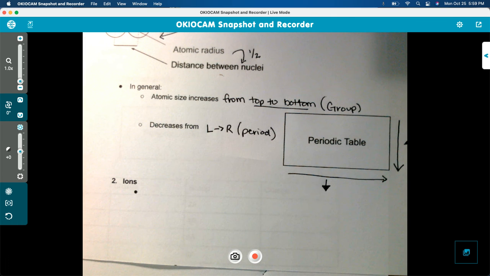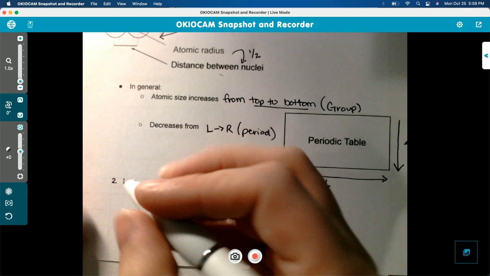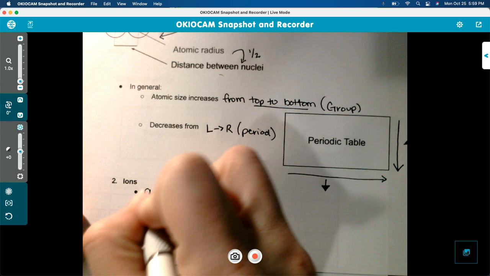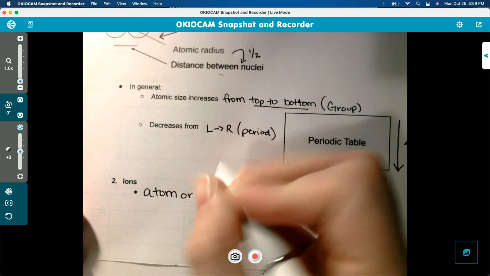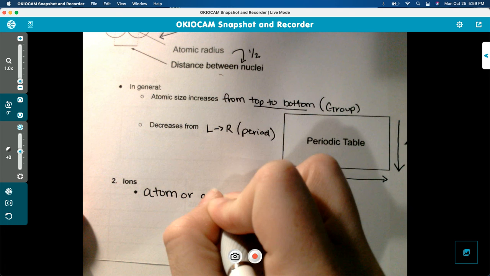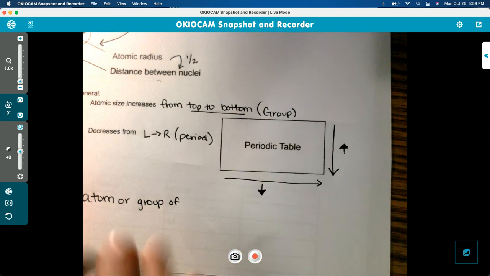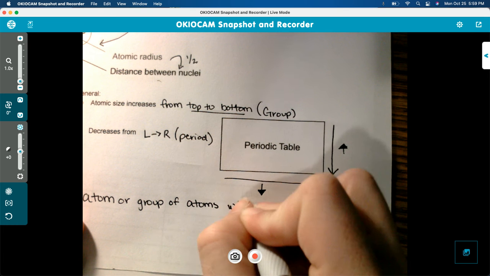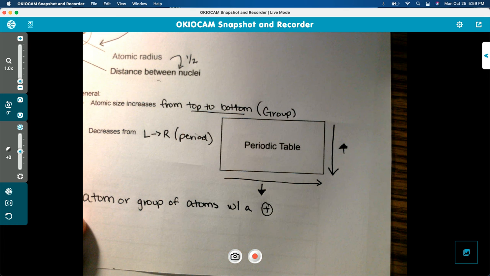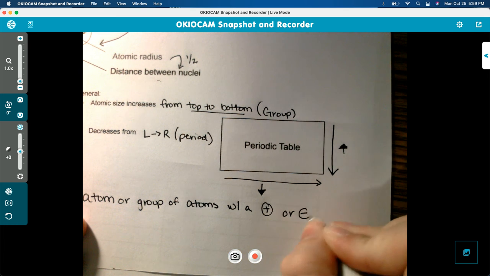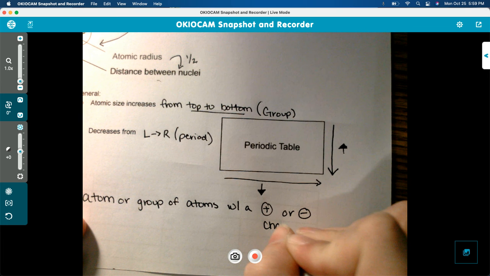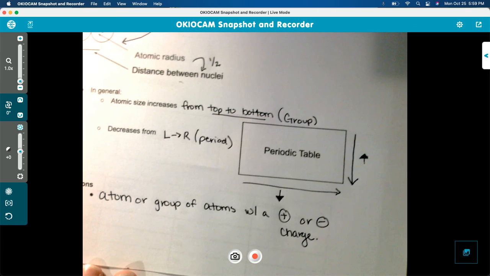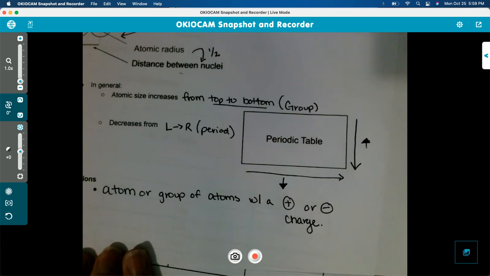Next, we're going to learn about ions. Ions are an atom or group of atoms that have a positive or negative charge. An atom or group of atoms with a positive or negative charge.